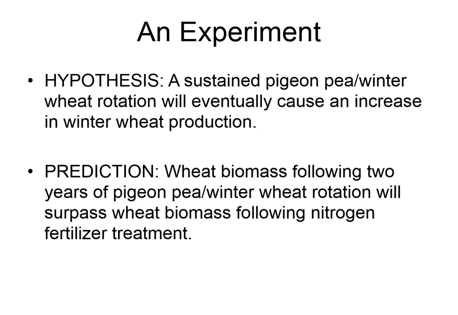Normally, I will repeat that hypothesis. A sustained pigeon pea winter wheat rotation will eventually cause an increase in winter wheat production. That is your hypothesis. There is something that we have not discussed here, and that is a prediction.